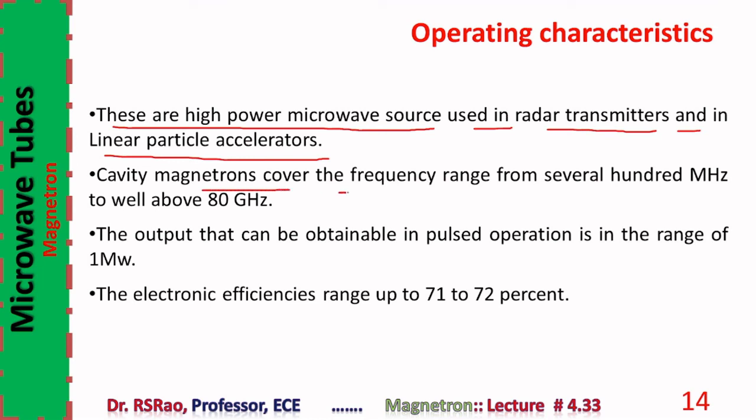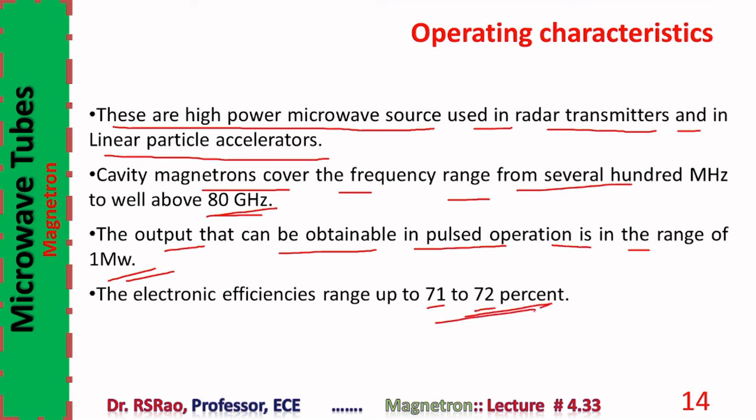Cavity magnetrons cover the frequency range from several hundred megahertz to well above 80 gigahertz. The output obtainable in pulsed operation is in the range of 1 megawatt, which is a huge amount of microwave power. Electronic efficiencies range up to 71 to 72%.